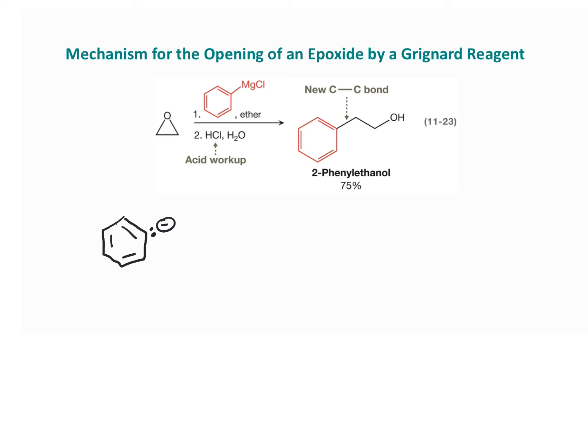So it's going to react through an SN2 reaction with the epoxide here. And so what we're going to see happen is that these electrons are going to come and attack that partially positive carbon. Those electrons are going to jump back up onto the oxygen, and that's going to open up the ring.